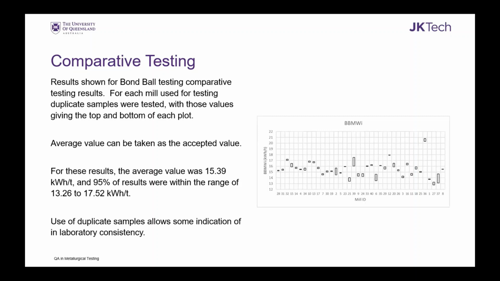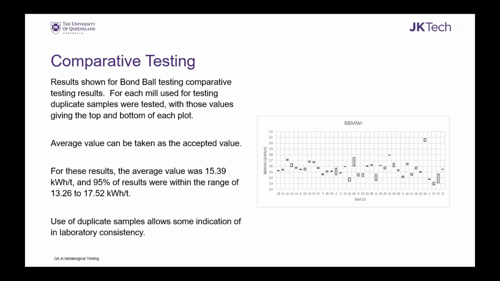So here I'll discuss a little. You can see the plot on the right gives our comparative testing program results for the Bond ball mill work index that we obtained in the last comparative testing program we did involving that test.